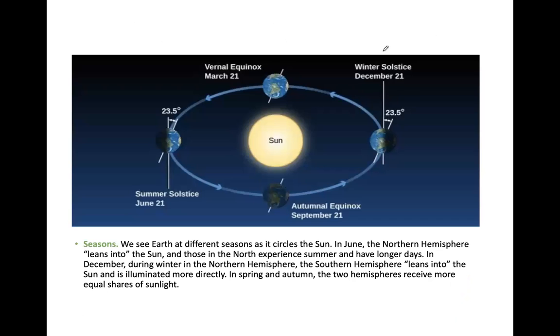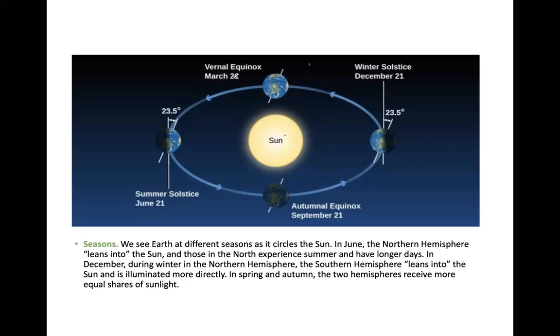So this diagram nicely explains what happens. Let's look, starting from March 21st: you can see the sun is right at the center, and then you have Earth moving around, orbiting the sun.